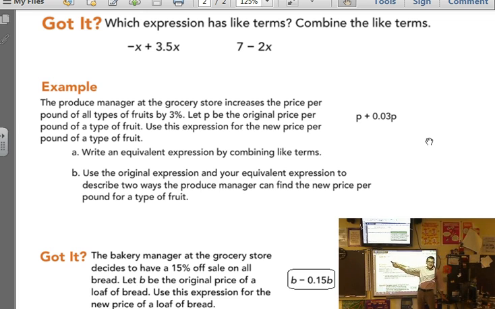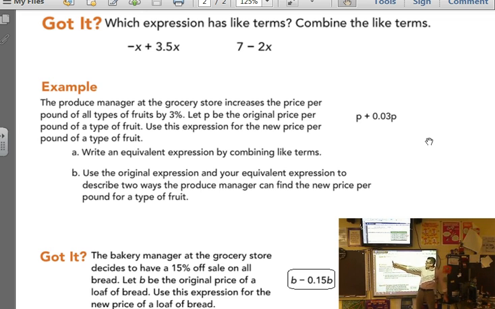So if I had a negative x, and then I added 3.5 x's to it, how many do I have? What number would really be in front of any variable that doesn't already have a number? Well, of course the negative's there, but what number?